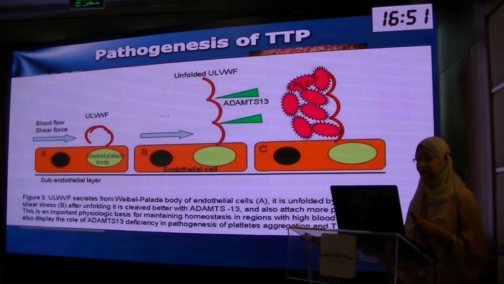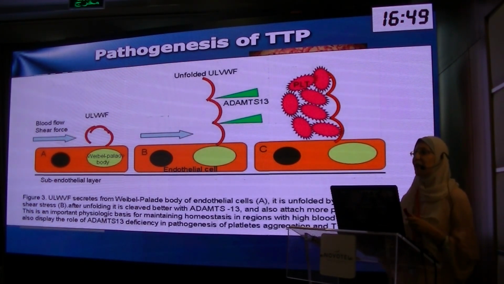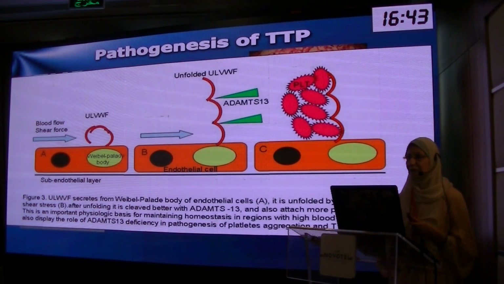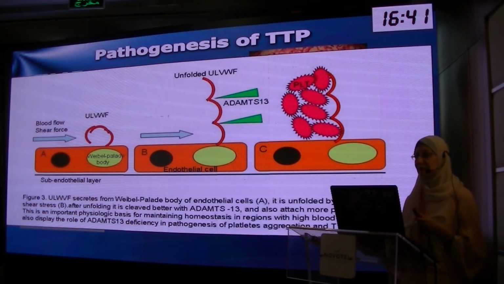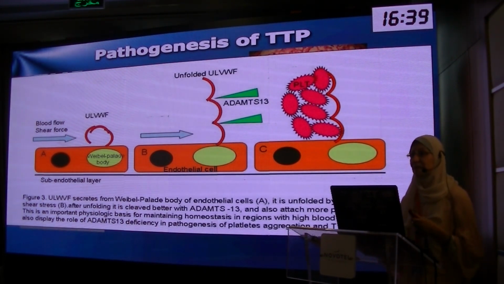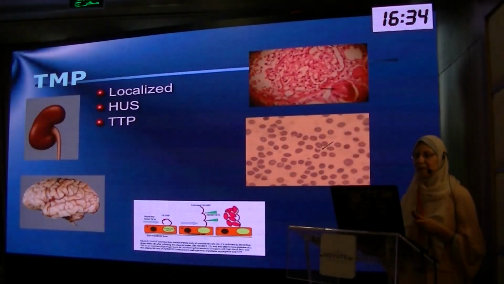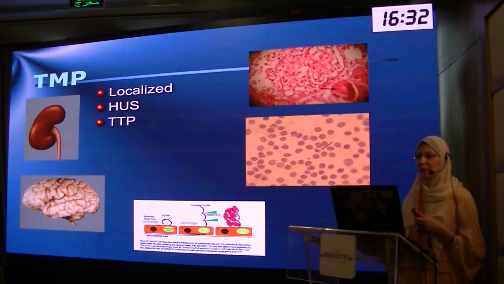And if this is not cleaved by ADAMTS13, it's going to attract platelets and form platelets and fibrin. To have a significant reduction in ADAMTS13 activity, it should be less than 10%, because you can have relative reduction in other conditions. And this is not the case with HUS.